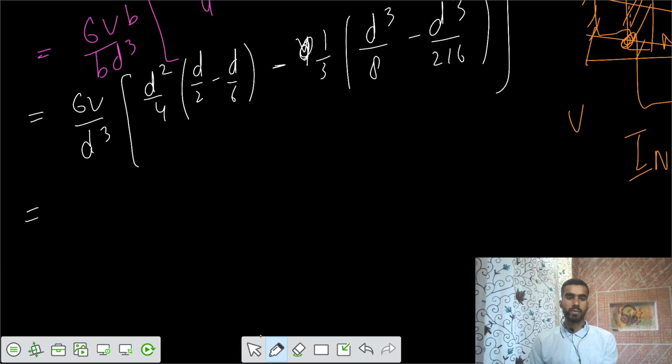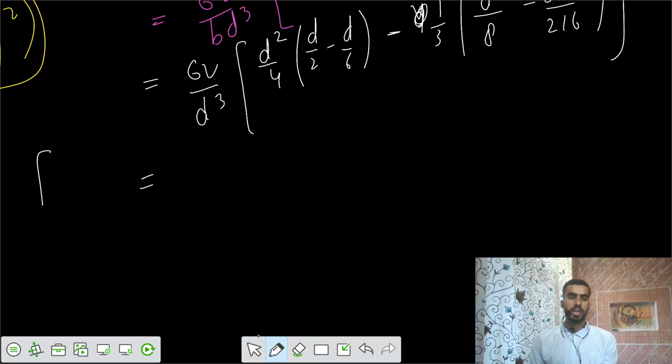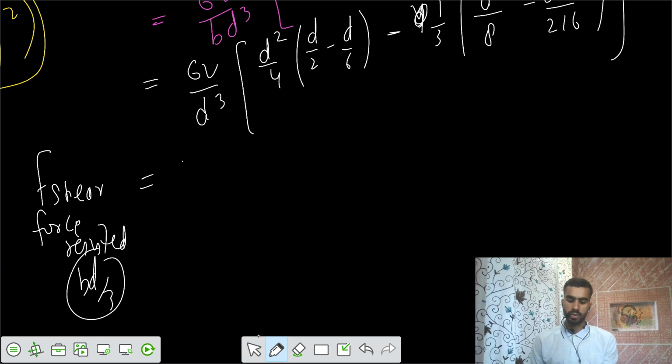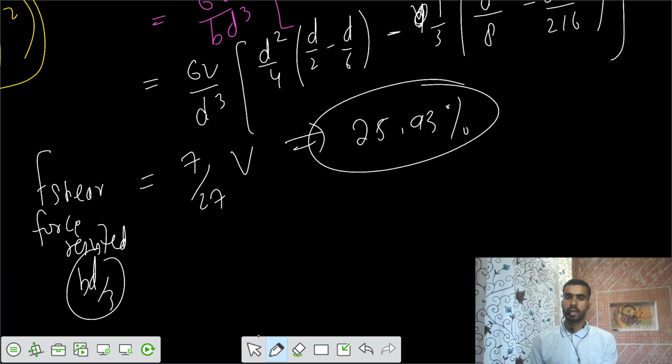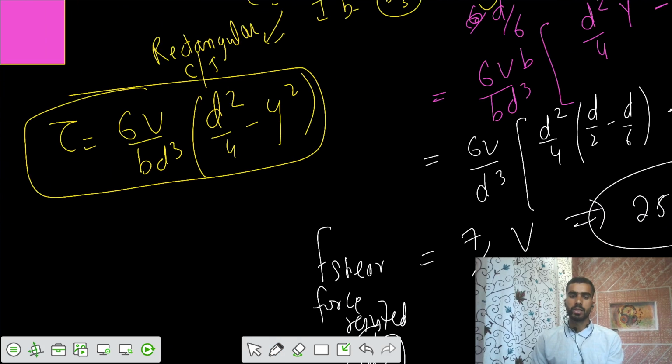So we got the value of the shear force resisted by the bd by 3 part, the upper third part, that equals 7 by 27 of V, and in terms of percentage, if you solve, that equals 25.93%. That means for this section, 25.93%.